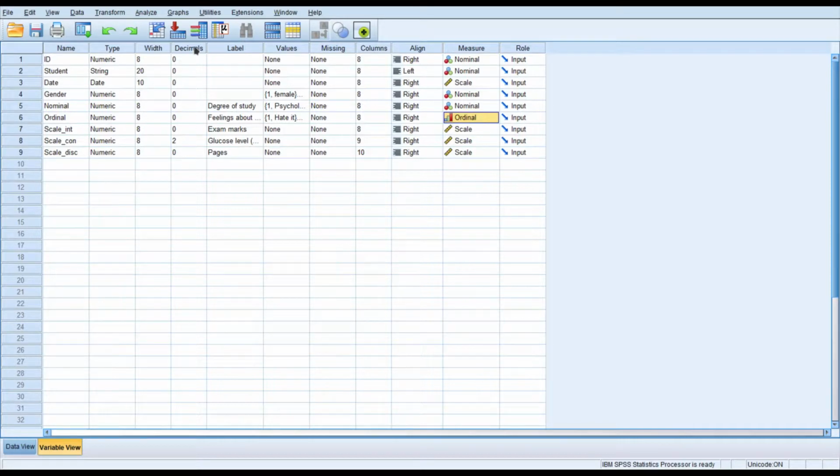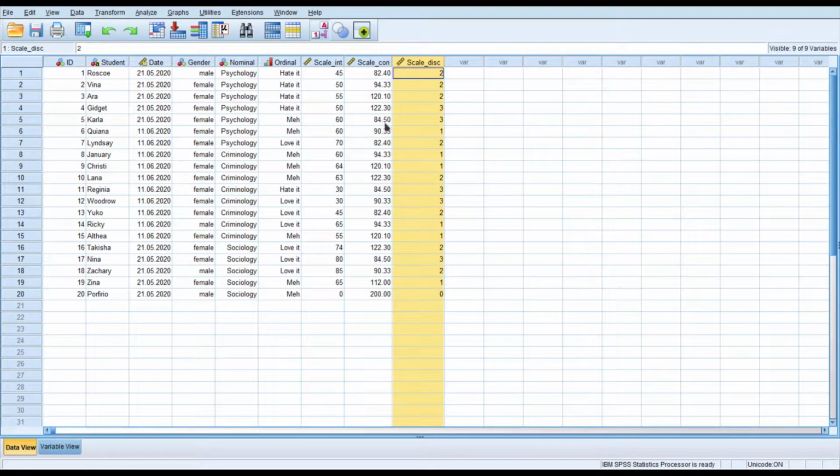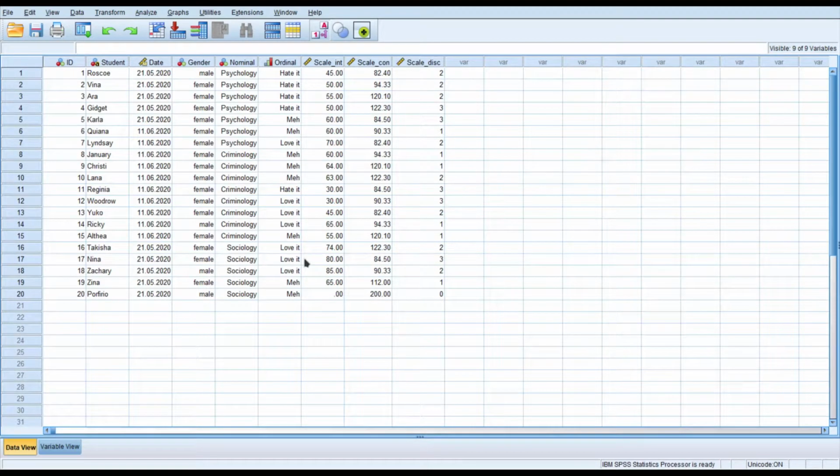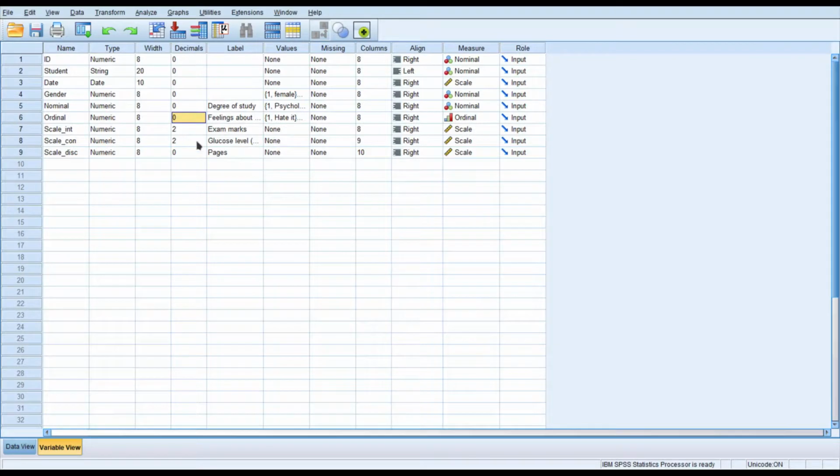So in this case, I modified the decimal points to be 0, meaning that the values, when they are represented, should have no decimal places. If I edit this, the decimals will appear, even though they make no sense. So 2 decimal places just appeared, but they mean nothing because you cannot have intermediate values.